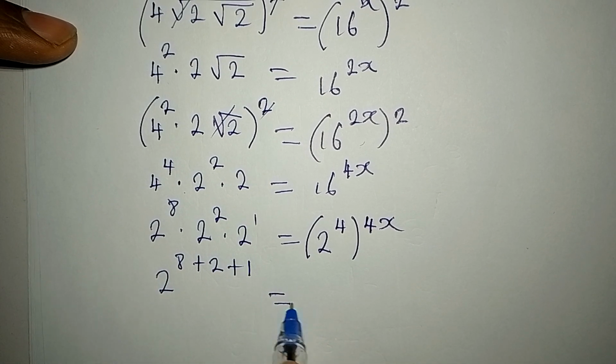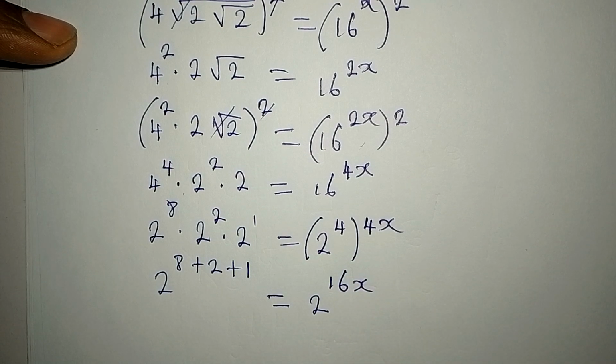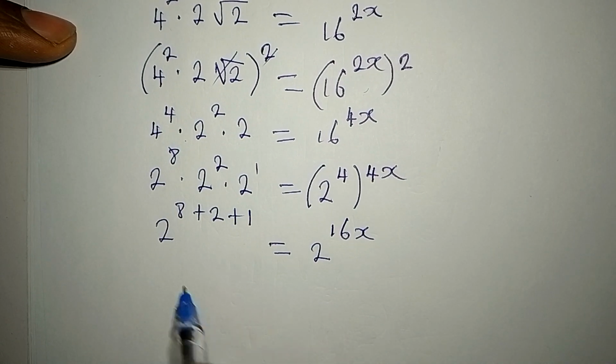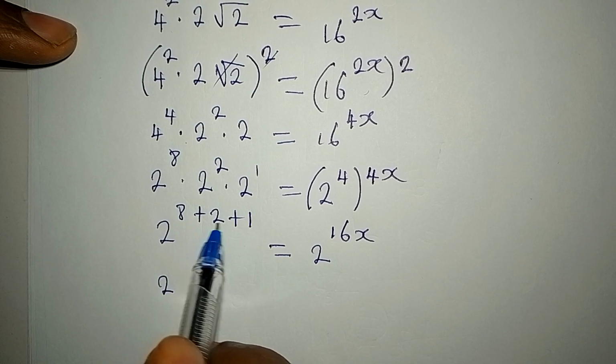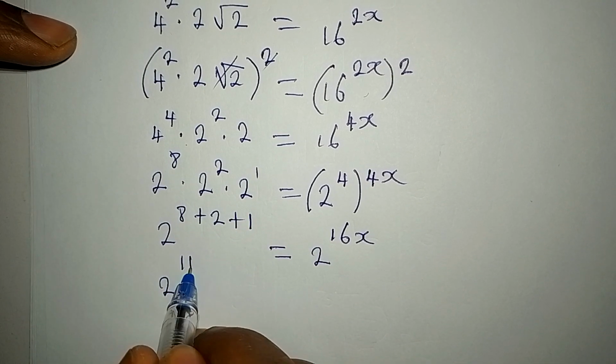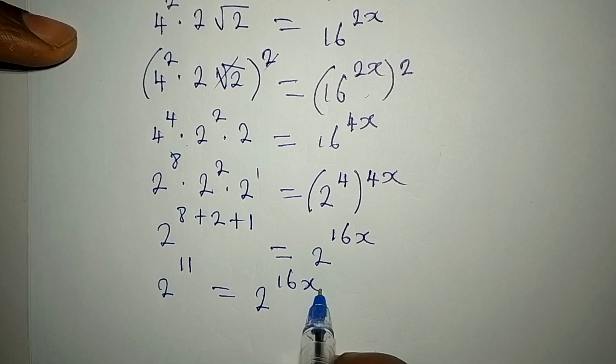So this will be equal to 2 to the power of 16x, because I would multiply the powers, right? So from here we have 2 to the power of 8 plus 2 plus 1, that will give 11, and is equal to 2 to the power of 16x.